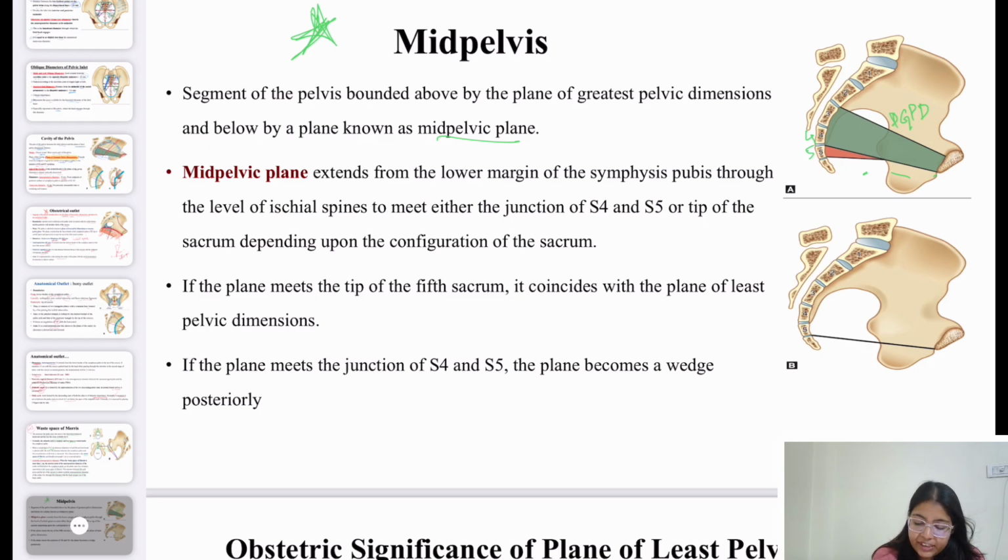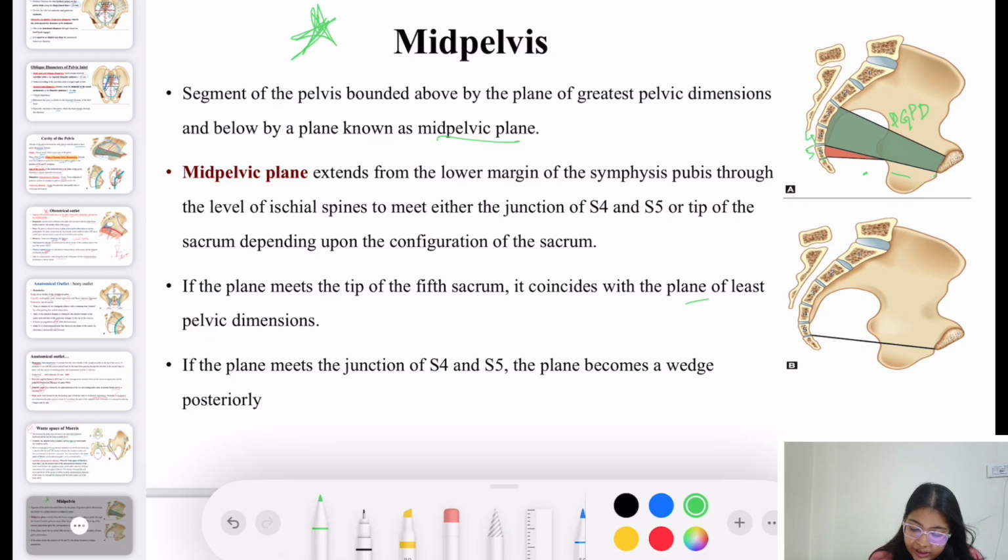If the plane meets the tip of the sacrum, then it coincides with the plane of least pelvic dimension. So again, this is the plane of greatest pelvic dimension, this is the mid pelvic plane, and this is the plane of least pelvic dimension. One plane, two planes, three planes.